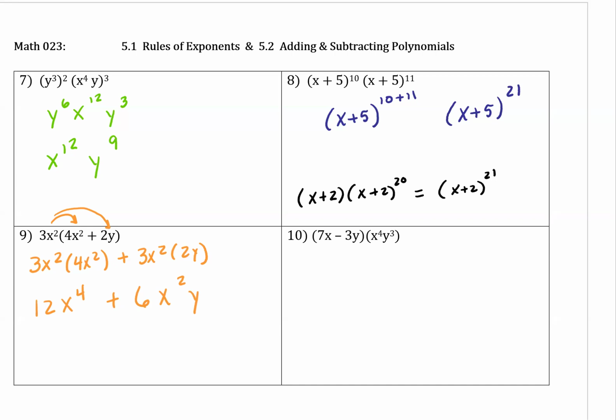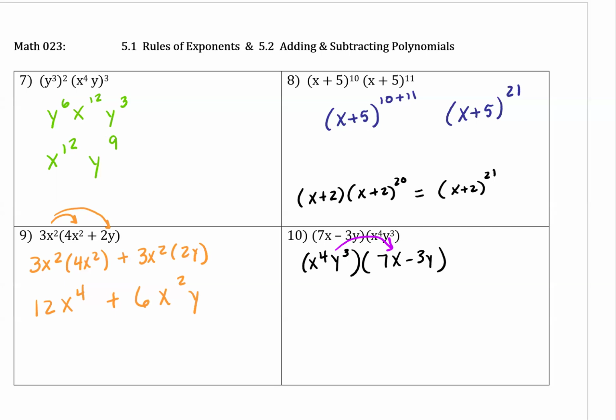Number 10, you can distribute the way it's written, but I prefer to have my x to the fourth y cubed in the front. But again, it doesn't matter. So I'm going to distribute.